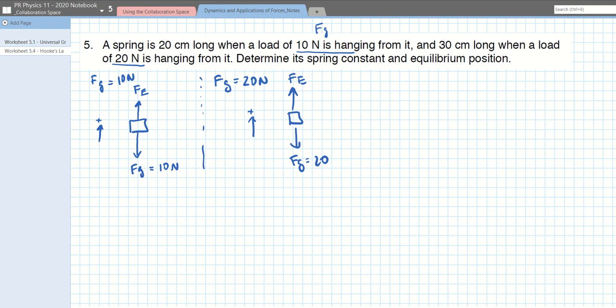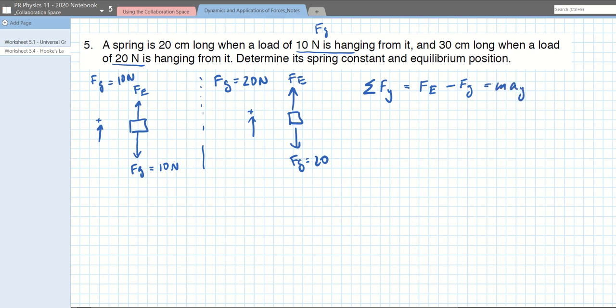Now the F net equation in this case is only in the y direction, and it's going to be the same for both of them. We have Fe minus Fg equals m times acceleration in the y direction, but it's going to be 0 because it's at equilibrium, so it's not moving up or down and there's no acceleration.